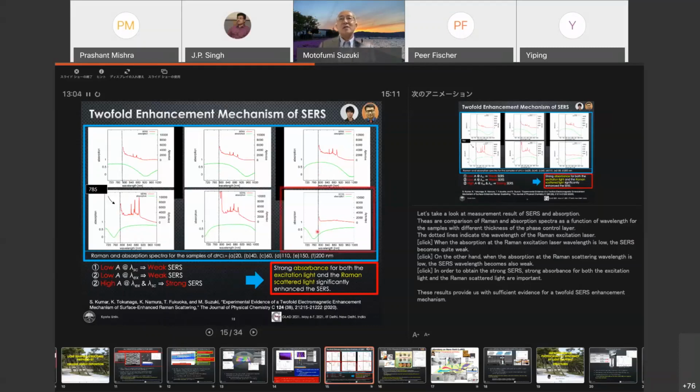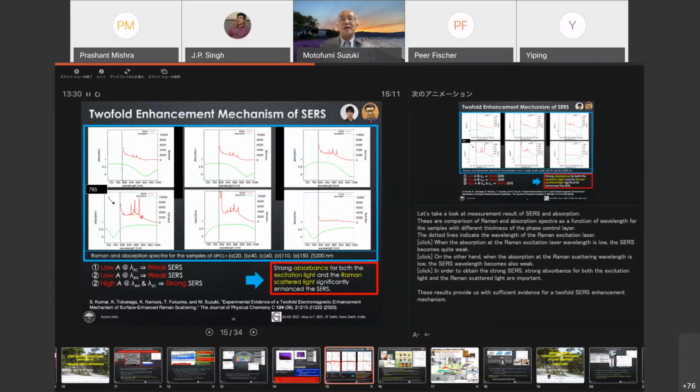So when the absorption at the Raman excitation laser wavelength is low, the SERS becomes quite weak. On the other hand, when the absorption at the Raman scattering wavelength region is low, the Raman scattering intensity is also not strong.